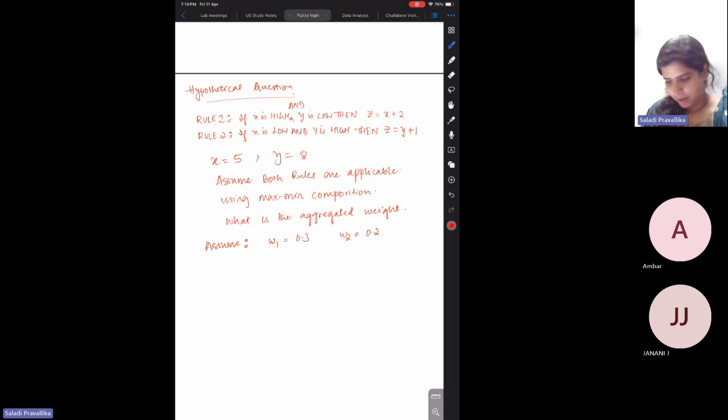Okay, assume the weights. This is just a hypothetical question so that you'll understand if more than one rule is applicable, how to calculate it.